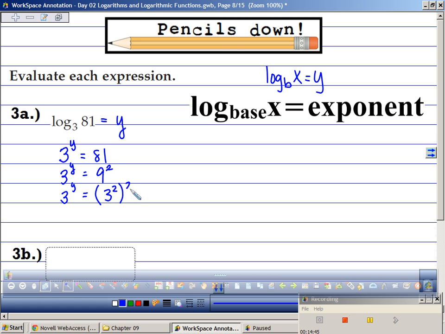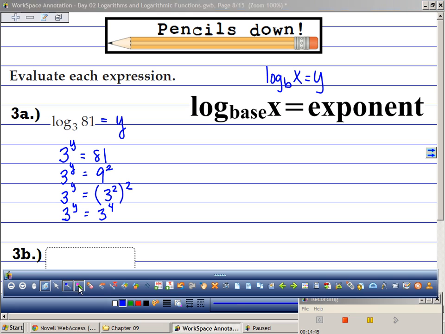Squared. Does everybody see how I substituted that? I have 9 squared is 81. Well, isn't 3 squared 9? So 3 to the y equals 3 to the what? 4. So what does y equal? 4. That was yesterday's homework, right? So y equals 4.